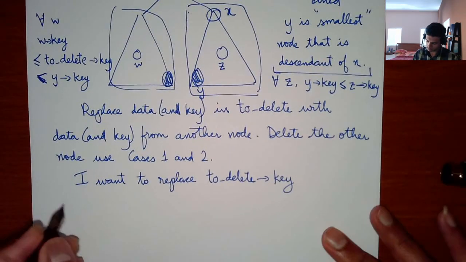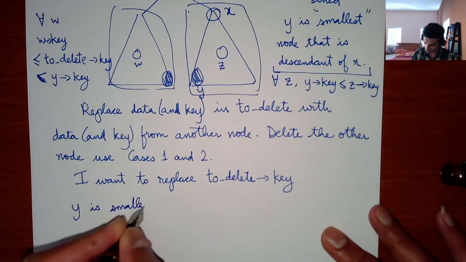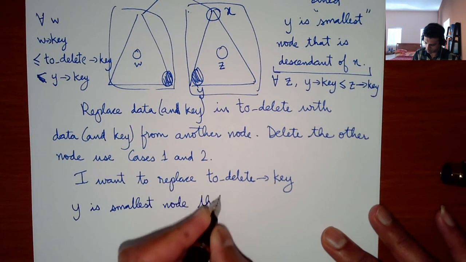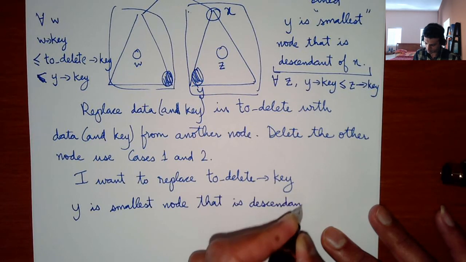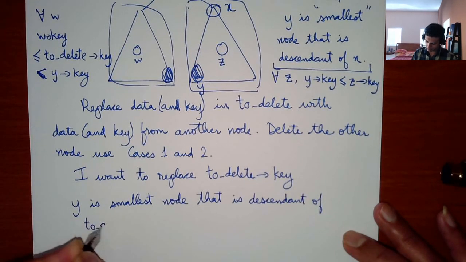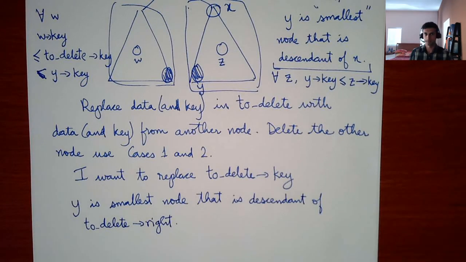So Y is the smallest node that is a descendant of to delete arrow right.